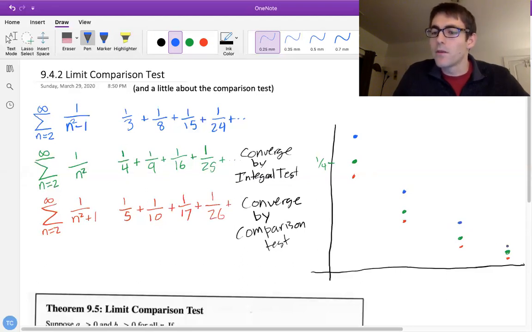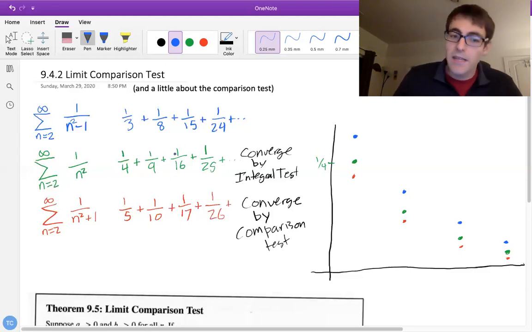And we're going to get something that looks something like this. So we can't directly use the logic that, with red, we could say red is always smaller than green. And because green is finite, that means that red is finite. We can't use that logic with blue because blue is always bigger than green.